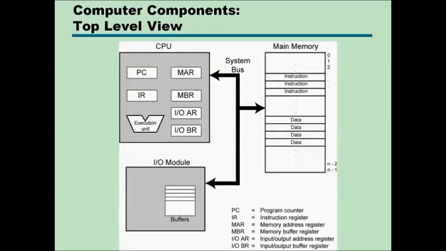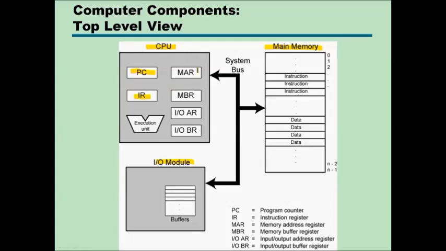So this is the computer components with the top level view. As mentioned from the last topic, if you remember, we have the CPU, we have the main memory, and we have the I/O module. The components of the CPU: we have the PC, also known as the program counter. We have the IR, also known as the instruction register.